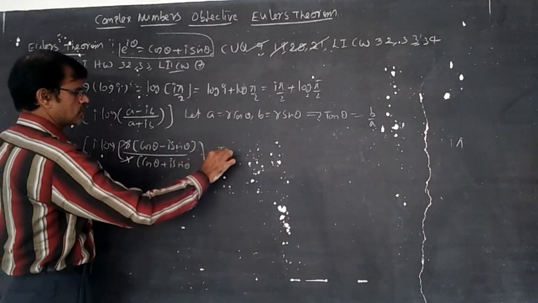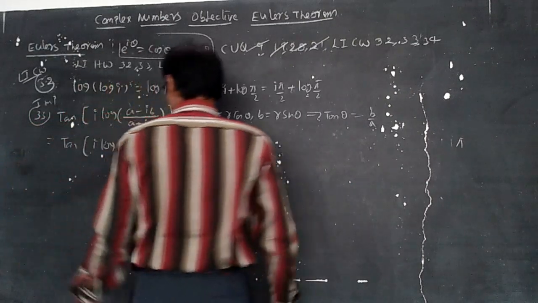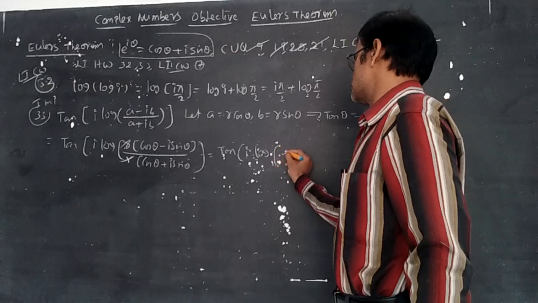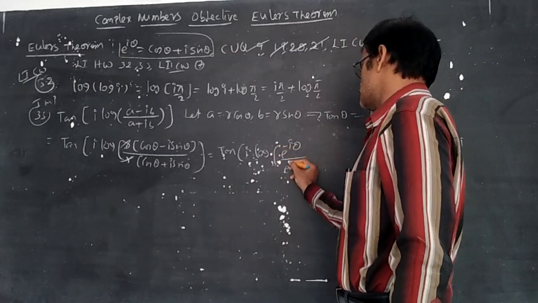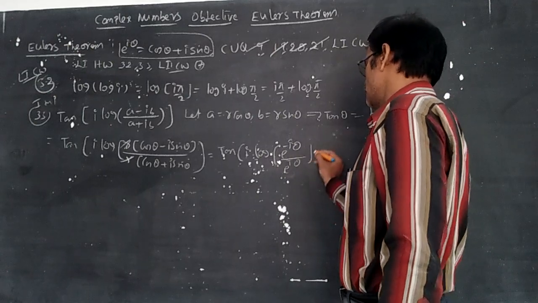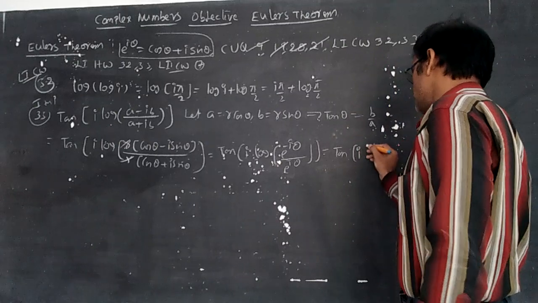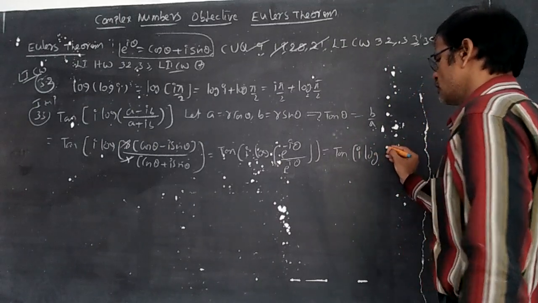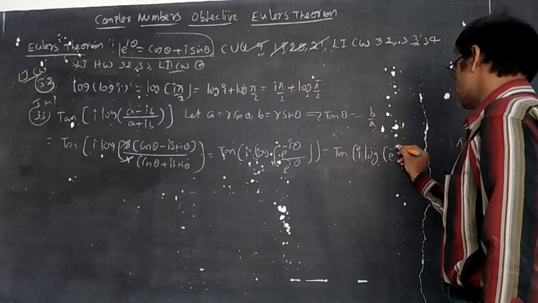That is equal to tan of i log of e power minus i theta by e power i theta, which becomes e power minus 2i theta.